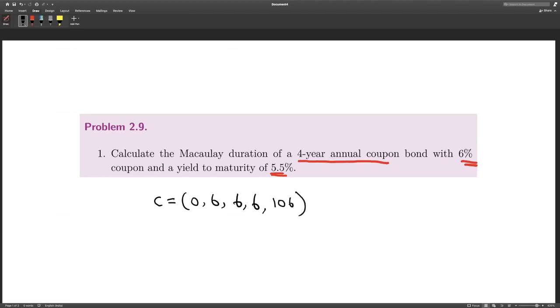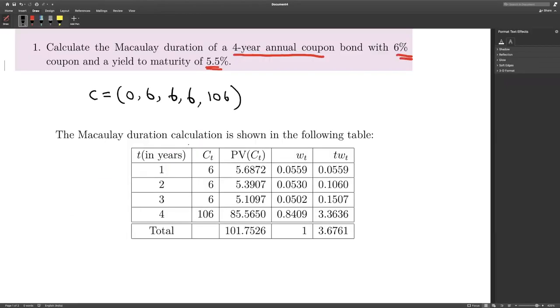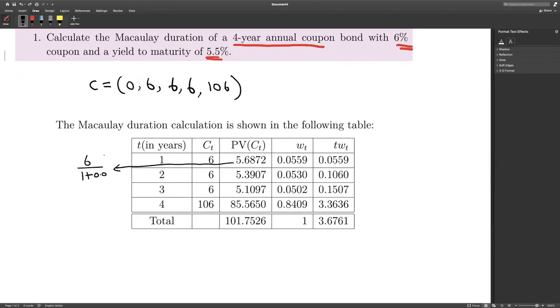So let us write all the data in table form. The Macaulay duration calculation is shown in this table. The time in years is given like this. There are 4 years, therefore you have 1, 2, 3, and 4, and I have written the cash flow this way. Now the PV of the first term is nothing but 6 by 1.055. Why?